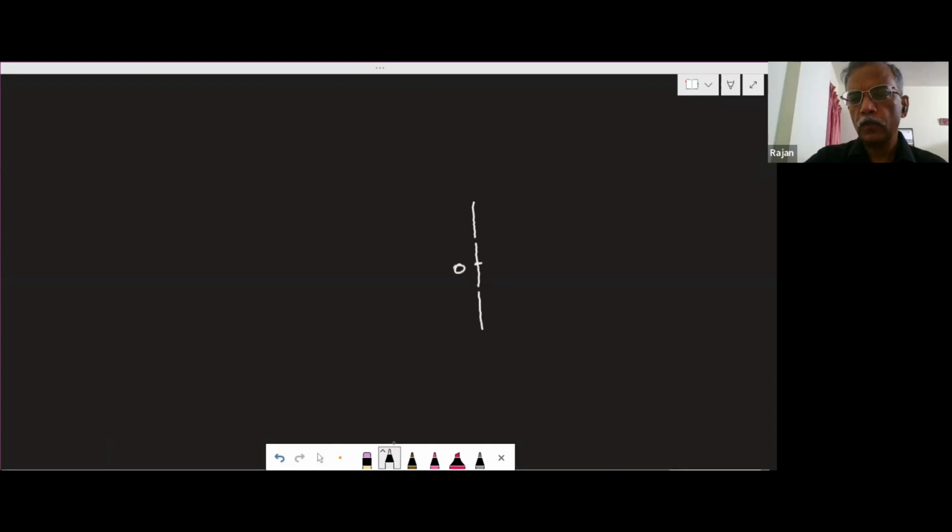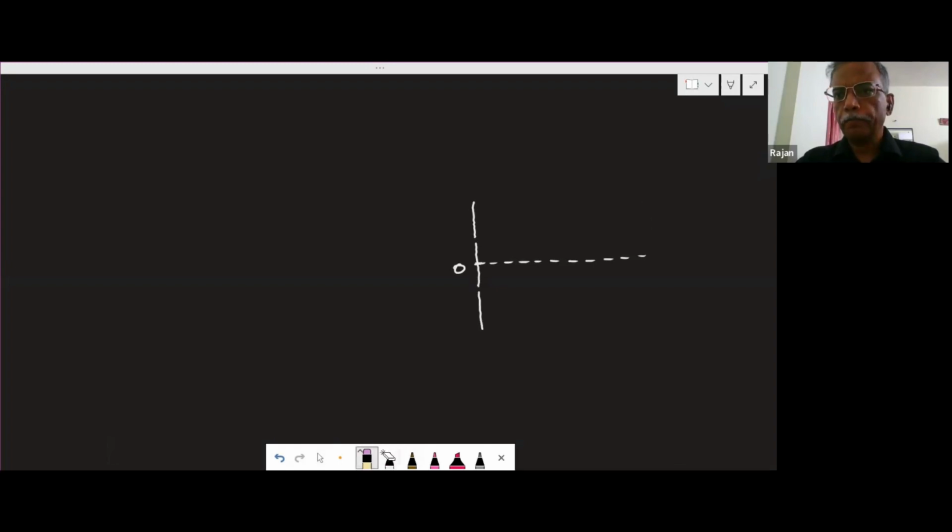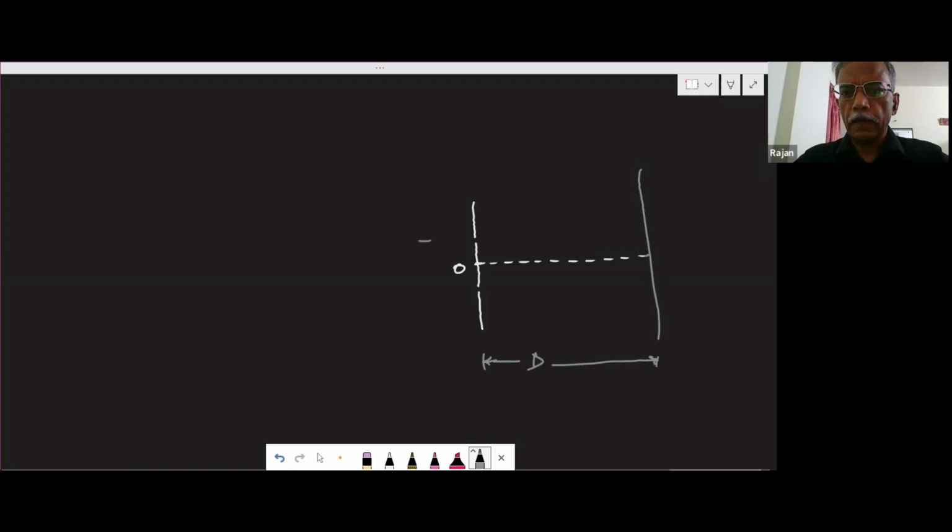Say the center of the slits is O. I'll take the horizontal line and put the screen here, at a distance of D. And from one slit to the other slit, say they are A and B, that distance is your small d.